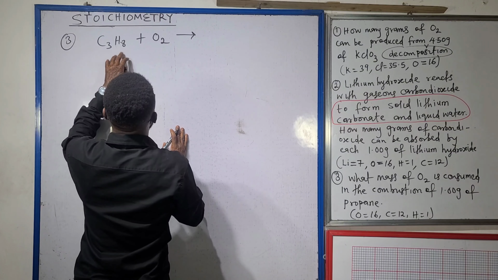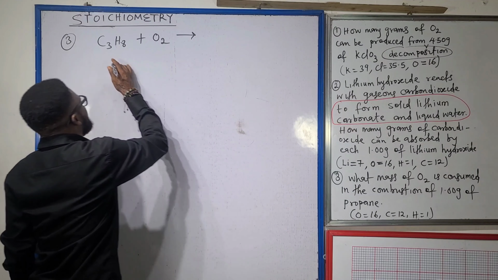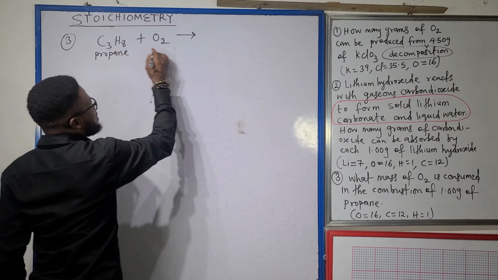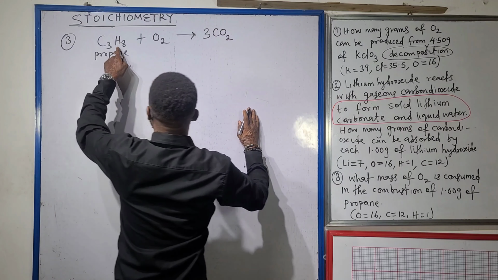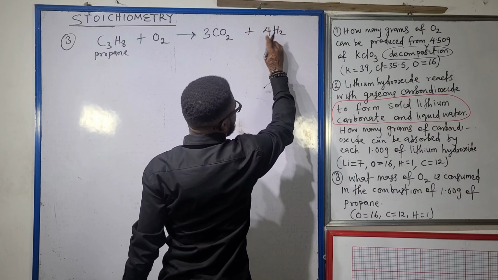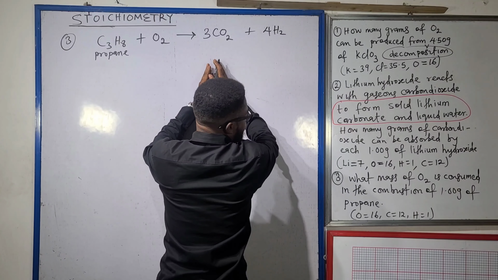So C3H8, that is my propane, with oxygen. Having this, I begin to think 3CO2. Having 8 hydrogen, I begin to think 4H2O.